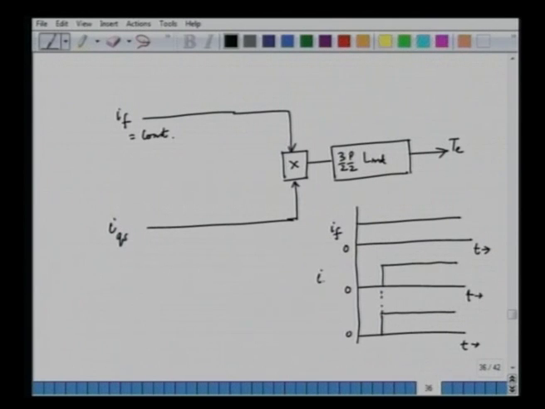This is IQS and this is the torque. And that is why the vector control drive has very good dynamic response. One of the advantages of using vector control drive is that the dynamic response is very fast. The torque changes immediately when we change IQS because the field current is kept constant, just like a DC machine.